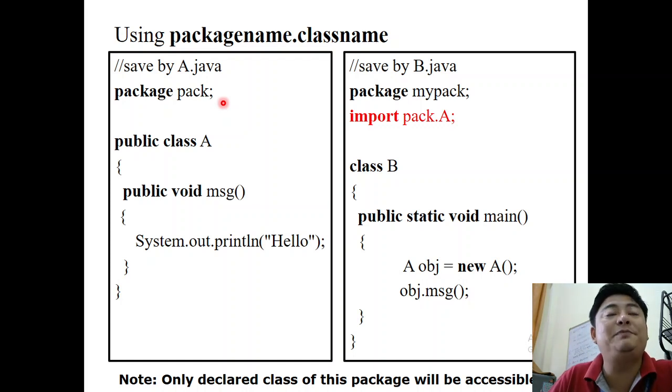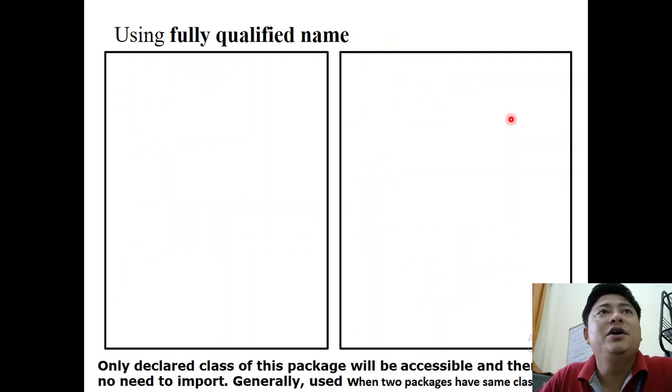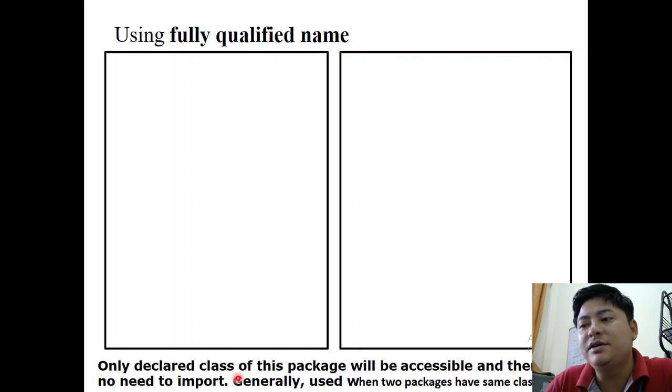But if you want to use a specific one, then you can use this method. The third one is using the fully qualified name. In this case, we need not use the import statement, and we directly specify which class file we will be creating the object for.